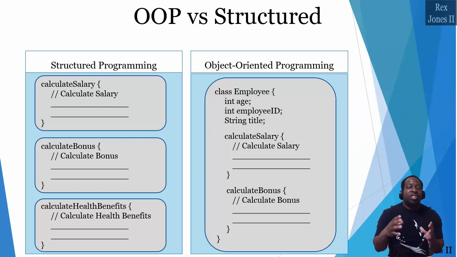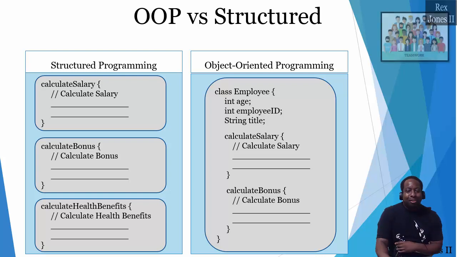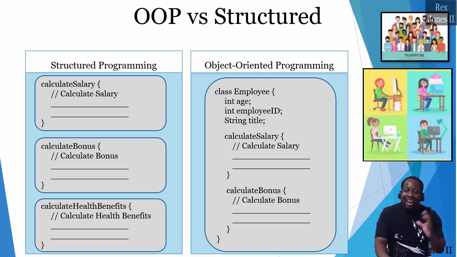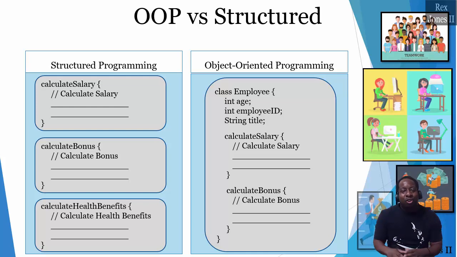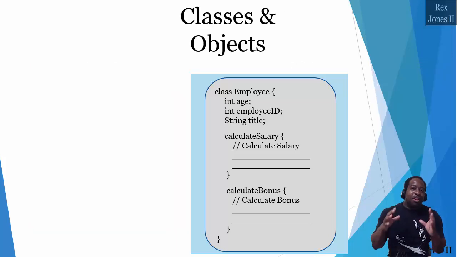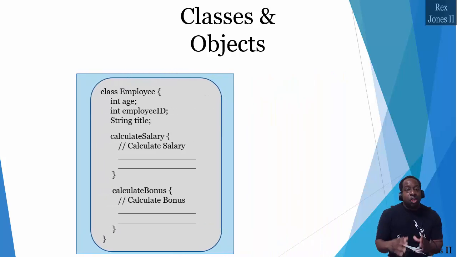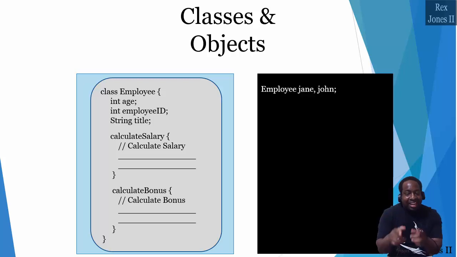Object-oriented programming was created to help developers deal with more and more challenges as the software application grew. The OOP concept deals with complex applications using classes and objects. Our class is employee, and our objects are Jane and John.